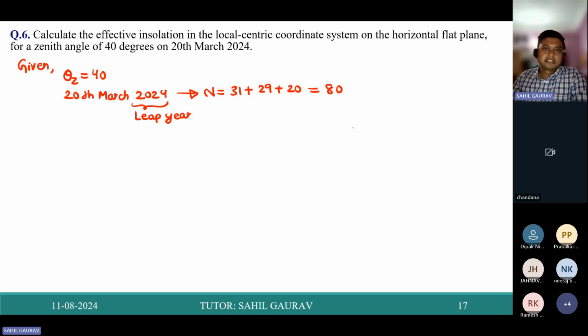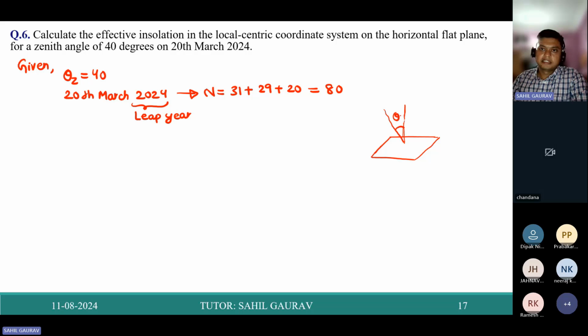Now to find the effective insolation on a horizontal flat plate, let us take this horizontal flat plate, and this is the extraterrestrial insolation, and this is the effective insolation.